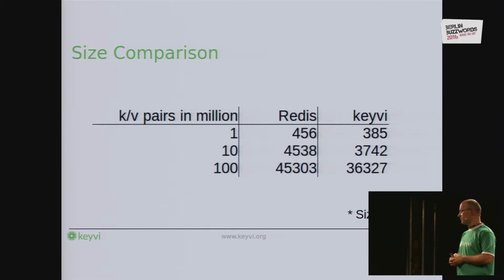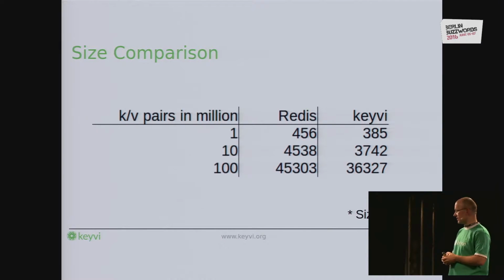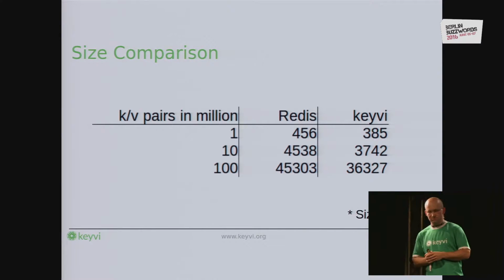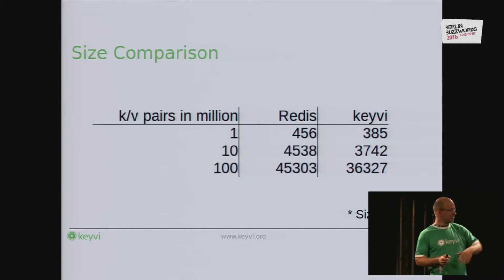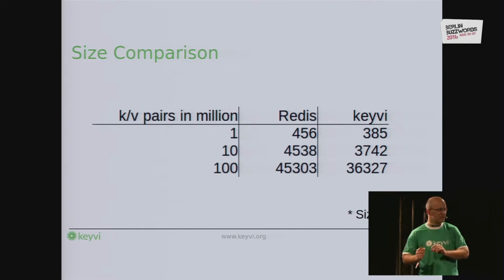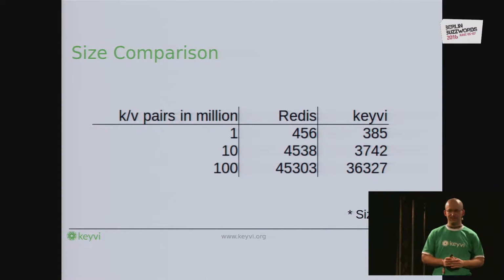To give you a little more reasoning, here is a very simple size comparison between Redis and Keyvi. The first thing you see on this slide is, okay, Keyvi is smaller, great. If you look a little deeper into the numbers, you see it's not linear.